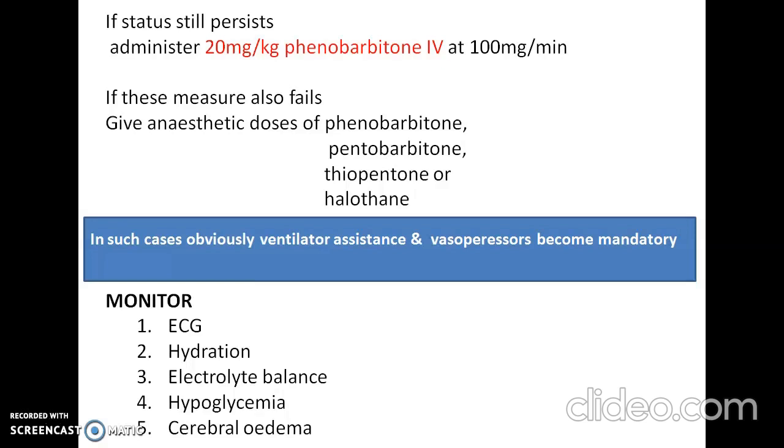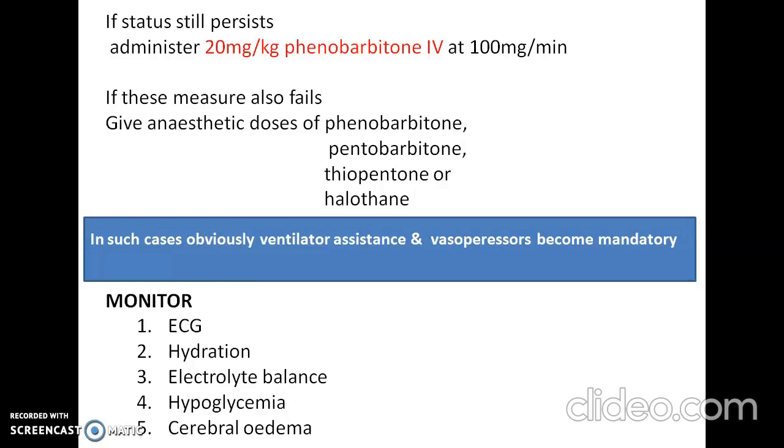If these measures also fail, then we can start with general anesthetic doses of phenobarbital, pentobarbital, or thiopentone, or halothane can be given. In such cases, breathing difficulties could be observed, so ventilator assistance is required.